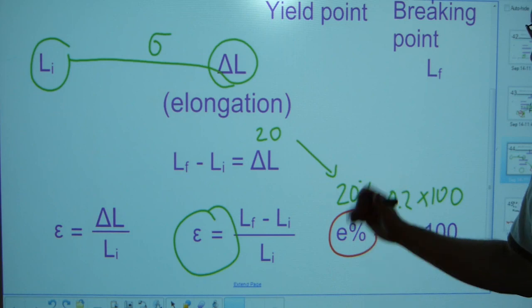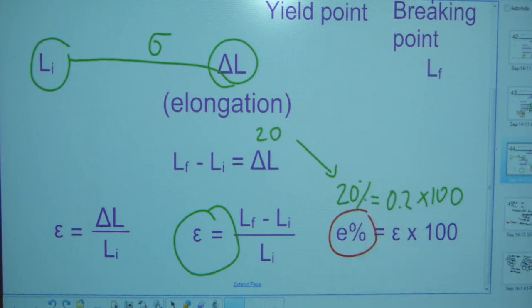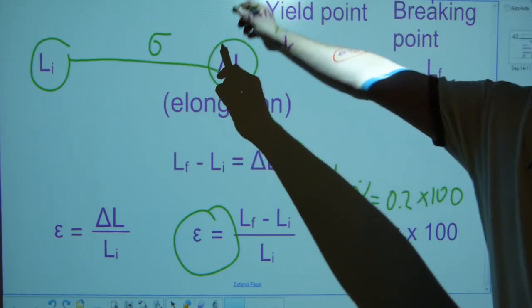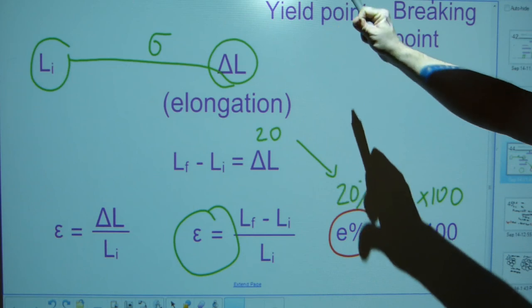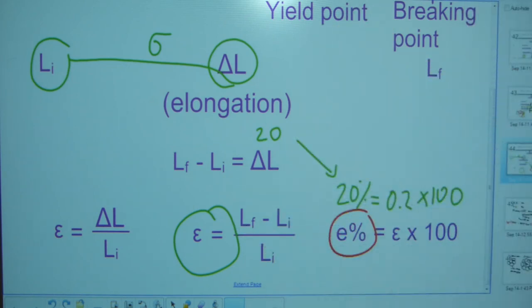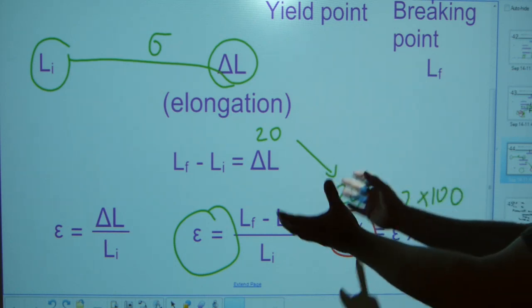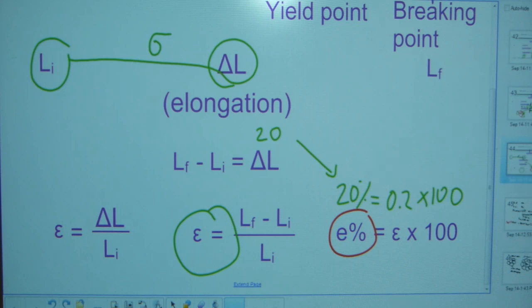So that's why they developed elongation percent. Alright, so this story is what's important, that stress is driving elongation. Elongation is part of strain and means how much stretch a material is experiencing, and that can be expressed as a percentage.